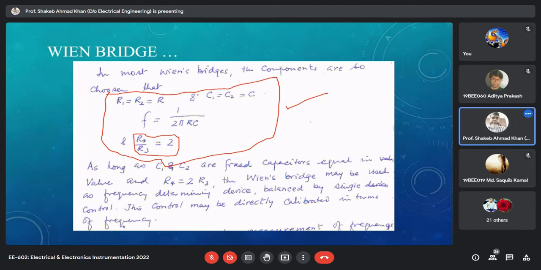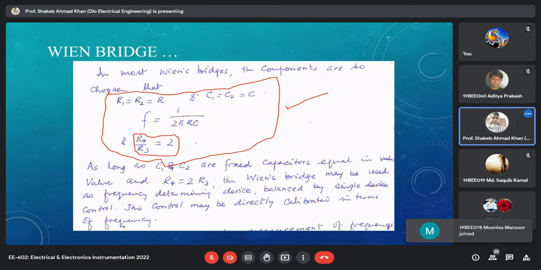It's a very simple thing. Now with this set of values of the Wien's bridge arms, where we take R1 and R2 equal and C1 and C2 equal, for the bridge to be balanced these two equations should be satisfied.